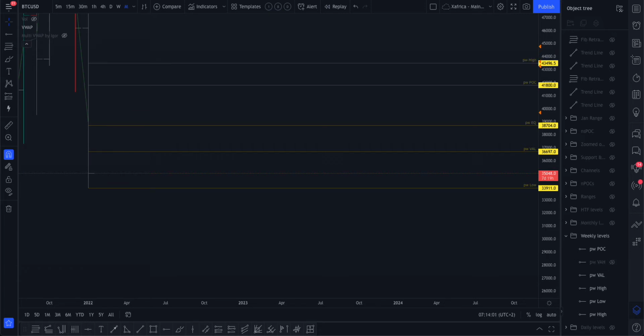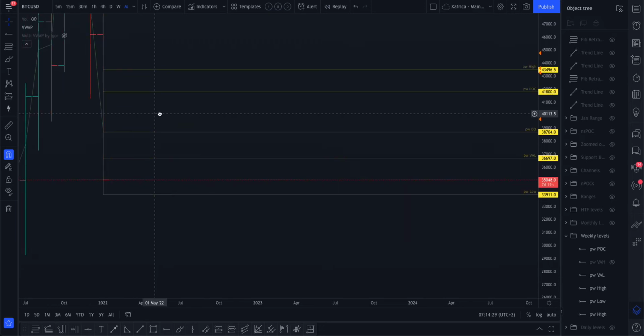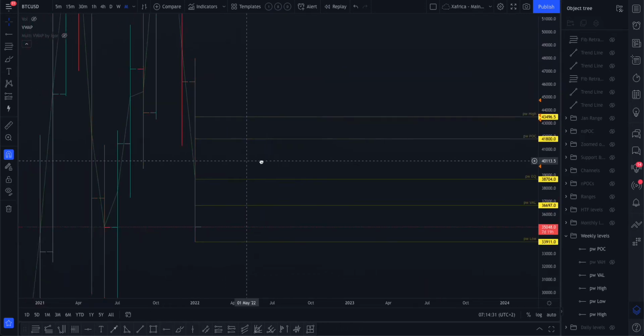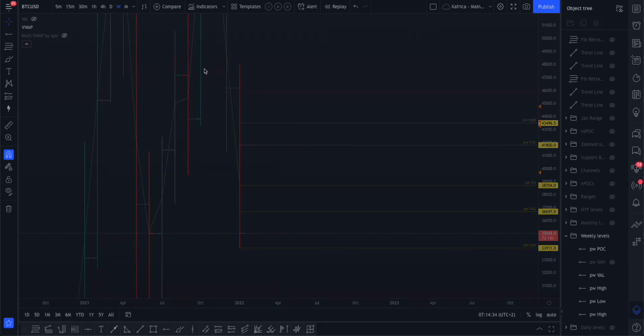Let me just check that on another chart again, to make 100% sure about that. Previous week, include that there. Value area high. Previous week value area high. Let's just change that into the weekly.